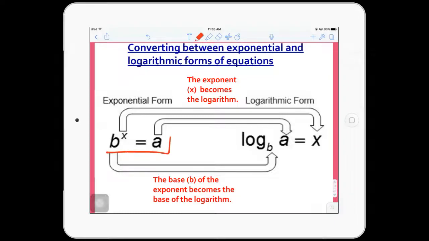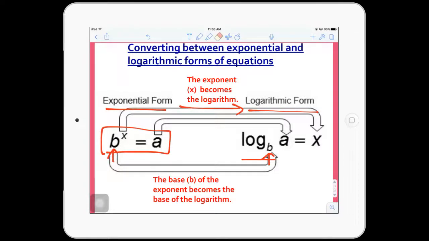Let's take a look at the left side. We have the exponential form: the base b to any power x equals a. And this form translated to logarithm looks like this: the log of base b, notice the base stays as the base, base b of a equals x.